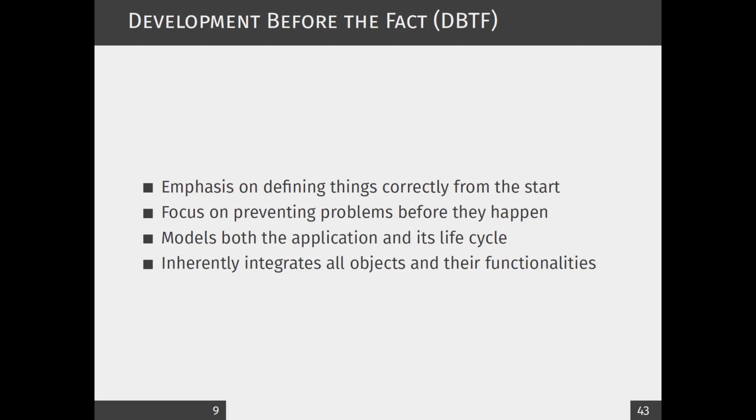From the start, that means when you are defining things in the beginning, you have to define things correctly. Remember I talked about these data type issues. So you are very careful in the very beginning.